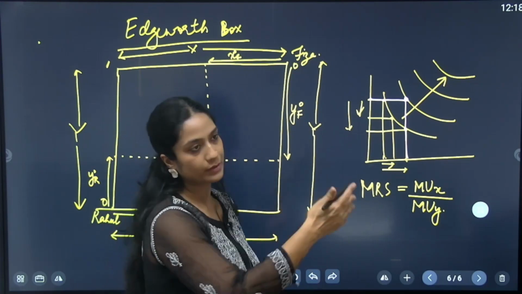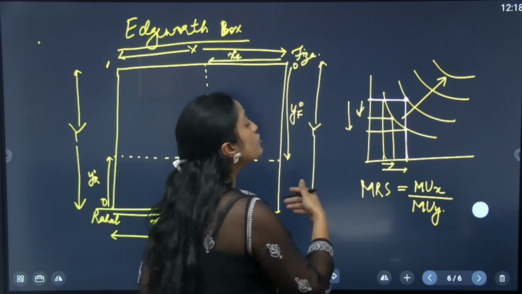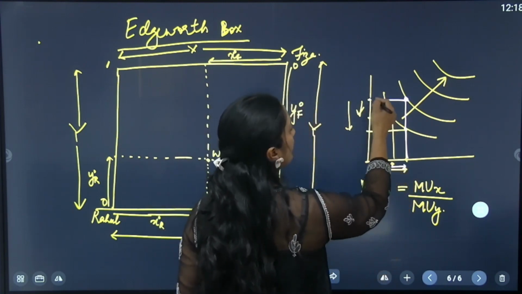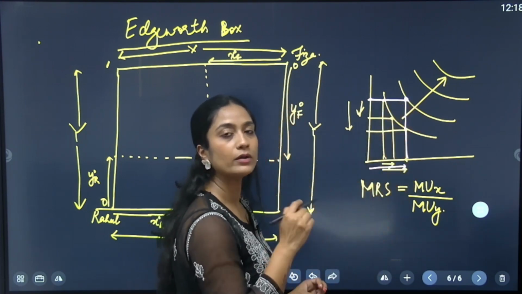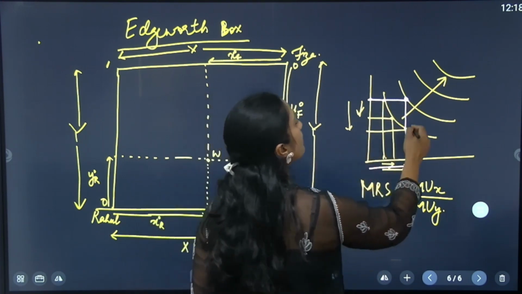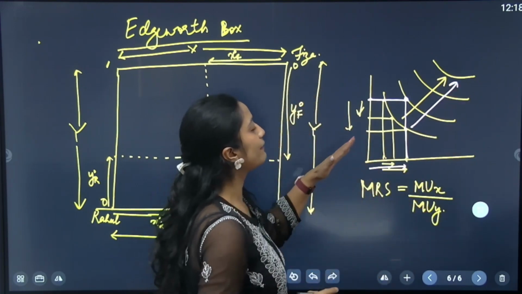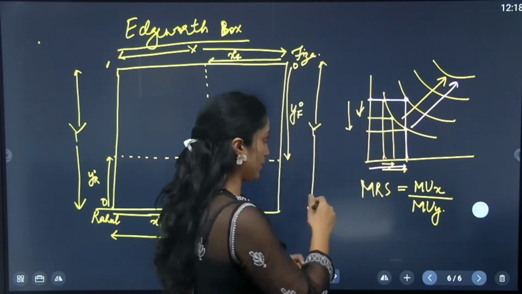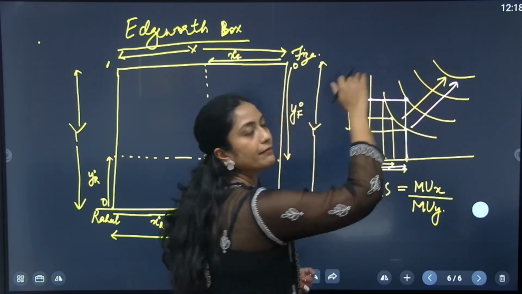These are not bads; these are goods. So if you have a higher quantity of x and the same quantity of y, you are bound to land on a higher indifference curve. This is the direction in which utility increases as we go from one indifference curve to the other.